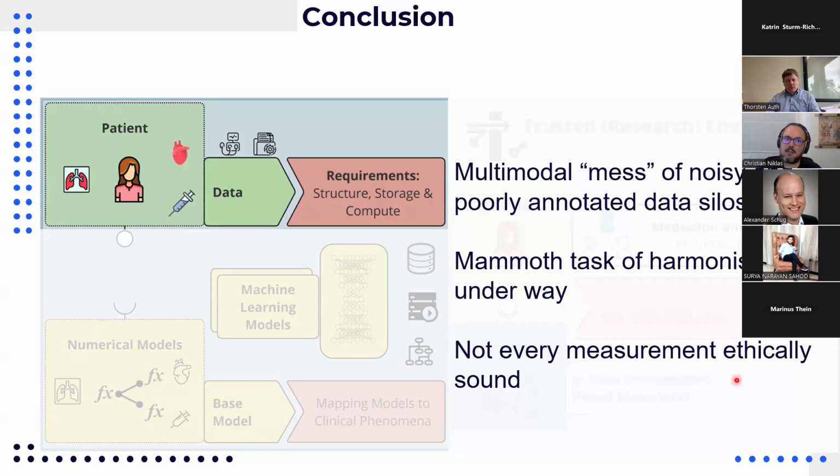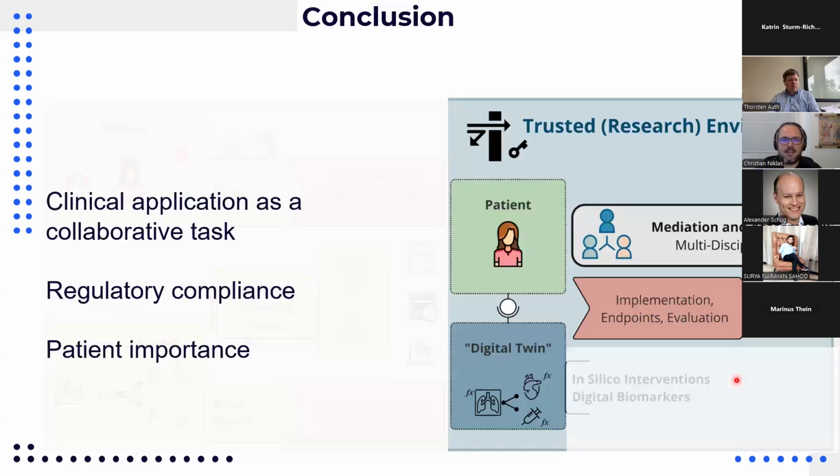That's the main thing that you have to argue with. But even if you collect all the data, not every measurement that you can perform is ethically sound. I can give you examples of what people did in the past if you are interested. And in the end, it's a collaborative task.